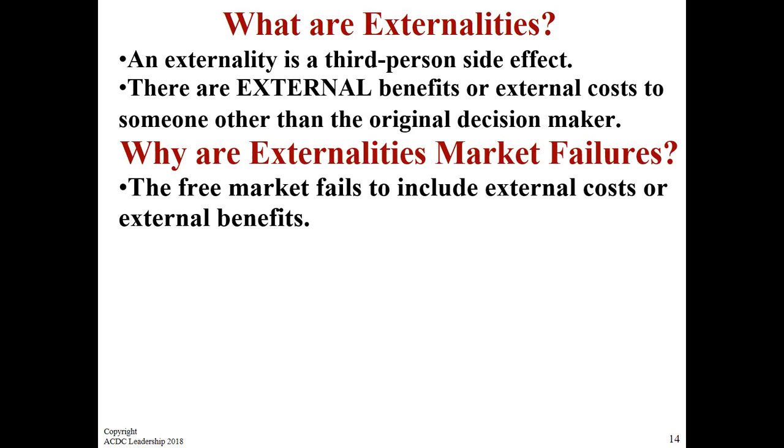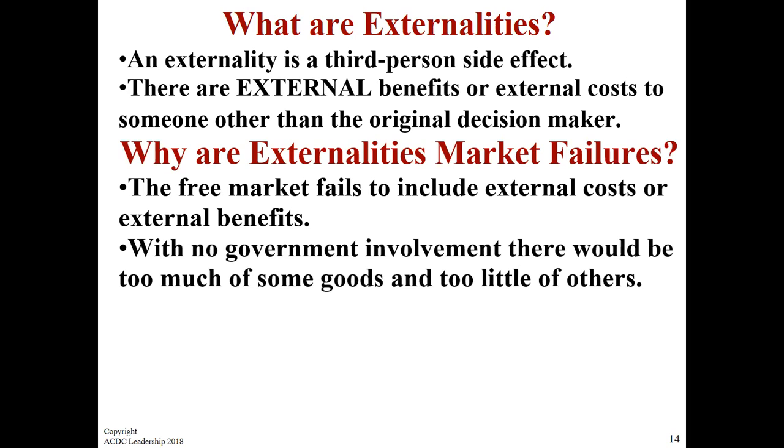So the free market fails to include the external cost, the cost of driving me crazy and keeping me up, or even the external benefit, like I'm getting this benefit and not paying for it. Usually if government doesn't get involved, you produce either too much of the product or too little.